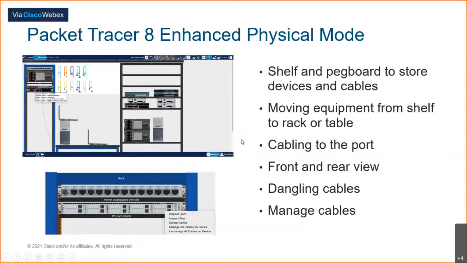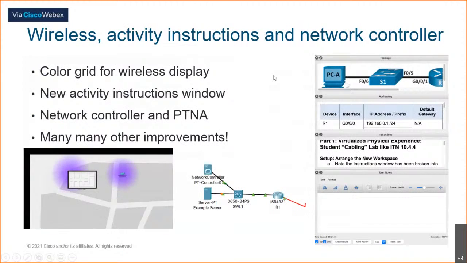Apart from just the rack mount or wire enclosed experience, there are some other very important updates in PT8. First of all, it is the color grid for wireless display. So now wireless networks are displayed in a much better way. There is also a new updated and enhanced activity instructions window, which is way better structured.